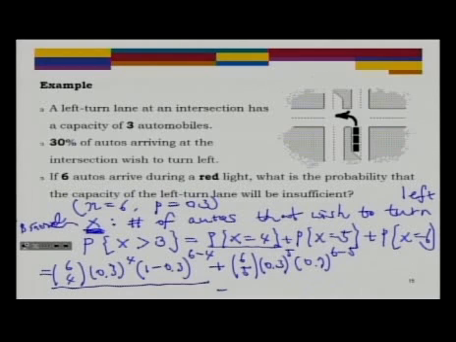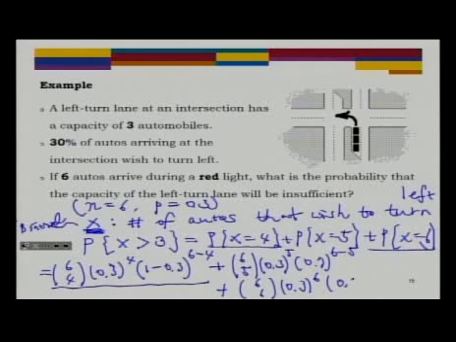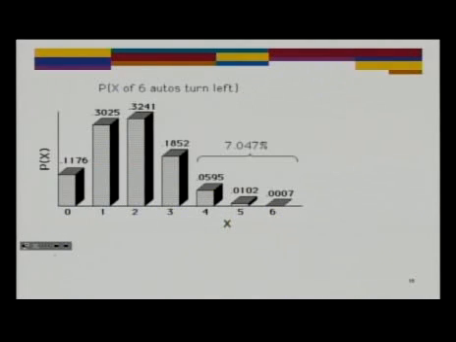And the last term is 6 combination 6, 0.3 to the power 6, 0.7 to the power 6 minus 6. You should be able to get this value in the end. Actually, you don't need to compute because I already provide it on the next screen.